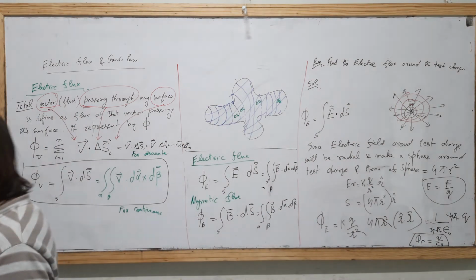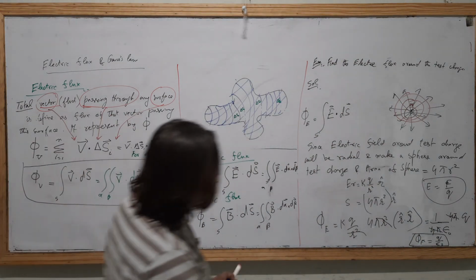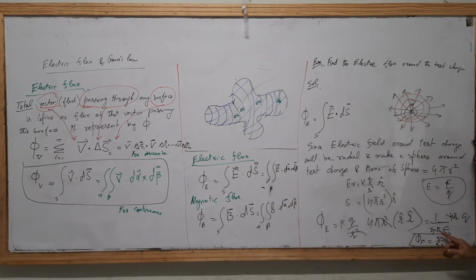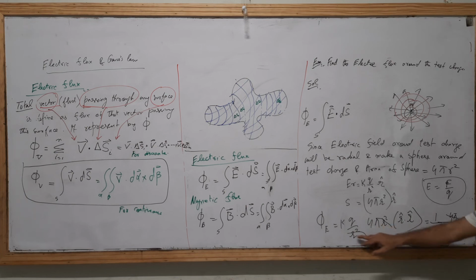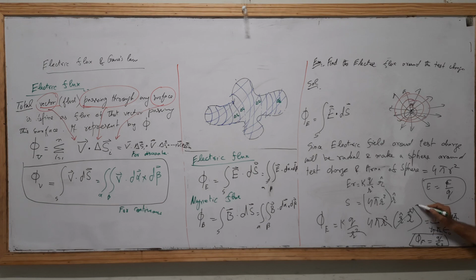K is equal to 1 divided by 4 pi epsilon naught, and 4 pi. What remains is Q divided by epsilon naught, this is the electric flux. Have you got it?